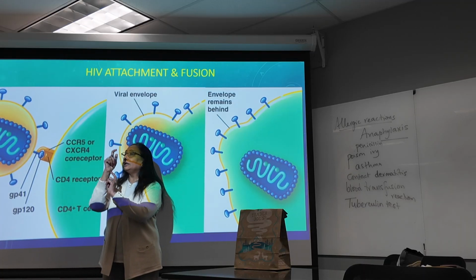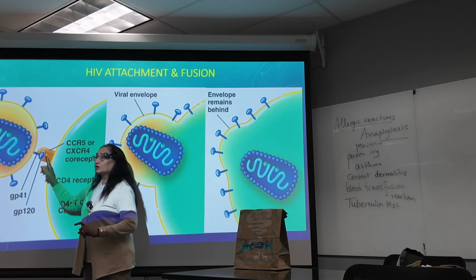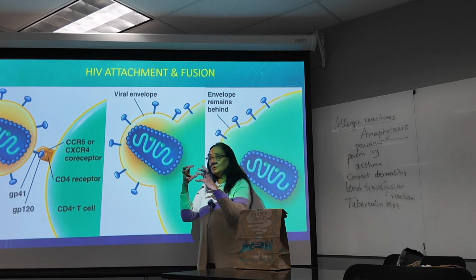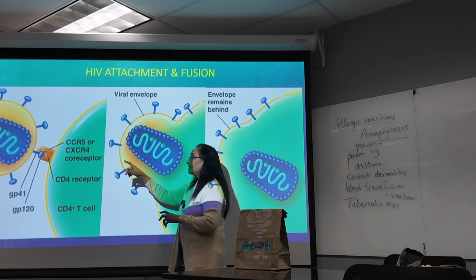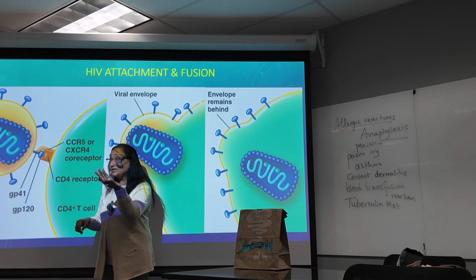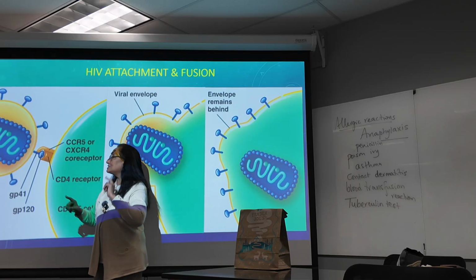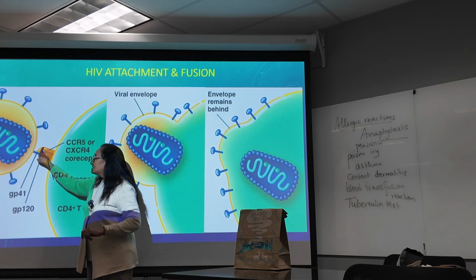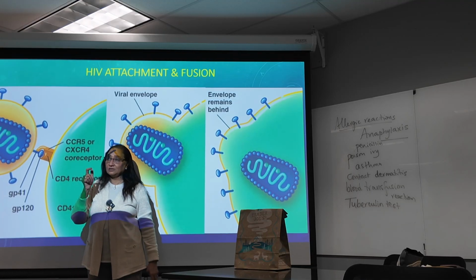It will go and attach itself to the GP41. And this is how the virus attaches itself to the T helper cell. It cannot attach to any other cell in the body, only the T helper cell, because it has this specific CD4 receptor and this specific co-receptor.